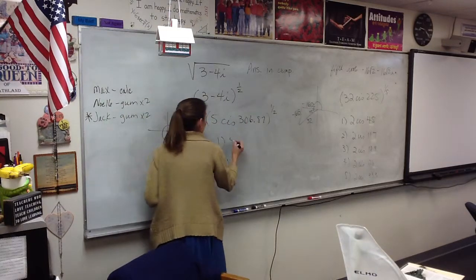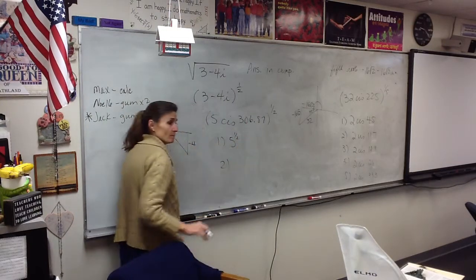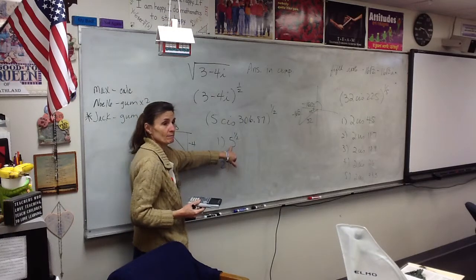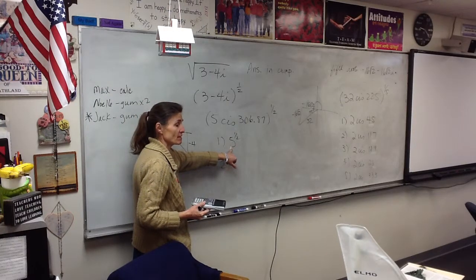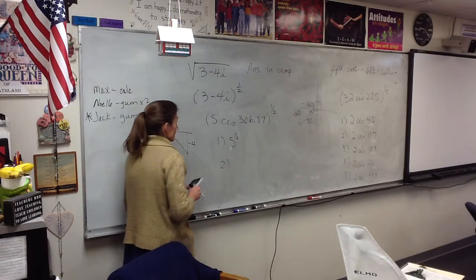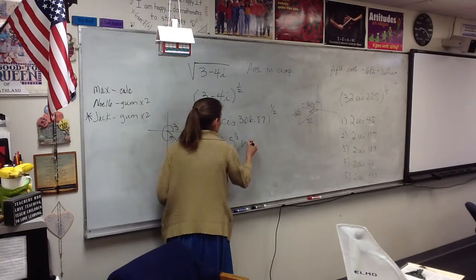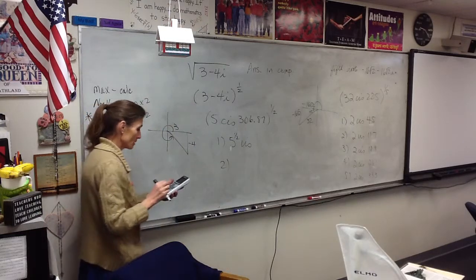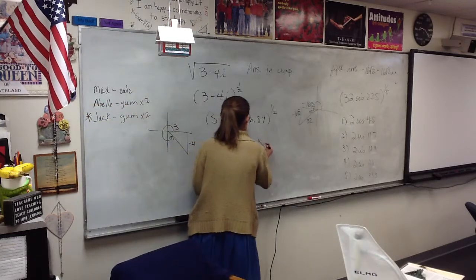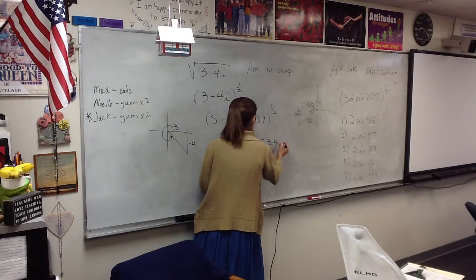So that'll be 5 to the 1/2, otherwise known as what? Square root of 5. So if you'd rather write square root of 5, that's fine. So 5 to the 1/2, CIS 153.43.